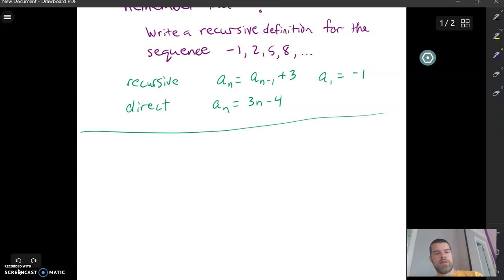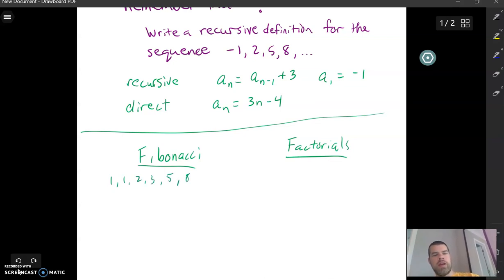A couple of classic recursive definitions are the numbers in the Fibonacci sequence and factorials. The Fibonacci sequence goes 1, 1, 2, 3, 5, 8, 13, and so on.